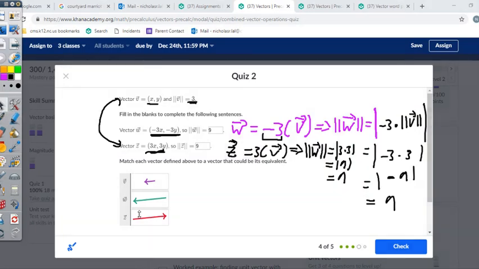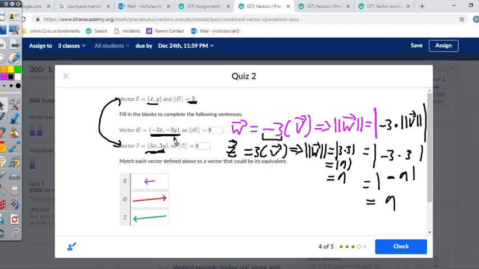So I'm going to say switch right here, because vector V is positive 1 as a scalar, vector Z is positive 3 as a scalar. Well, W has to be going the opposite direction because you have a scalar of negative 3, changing the direction.